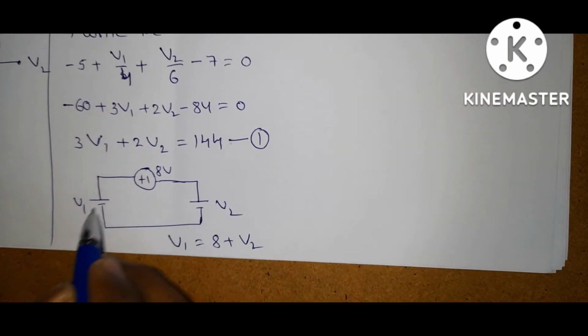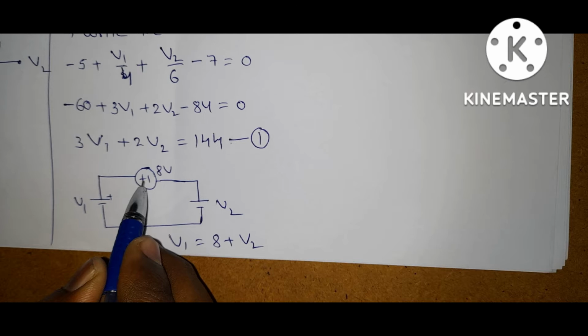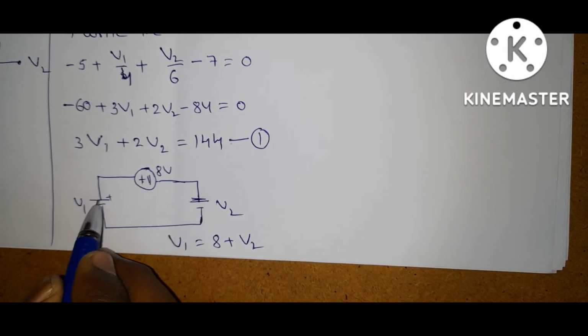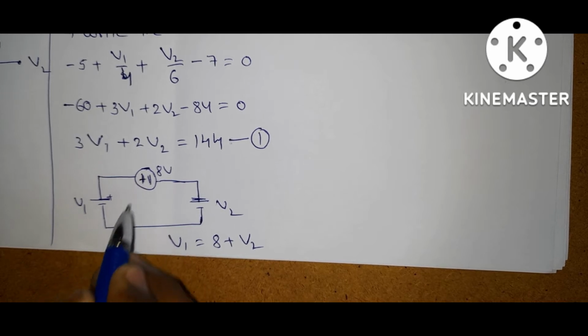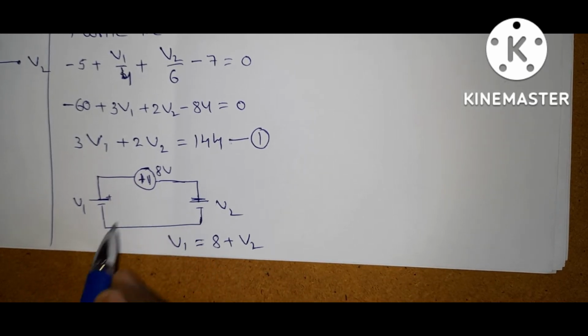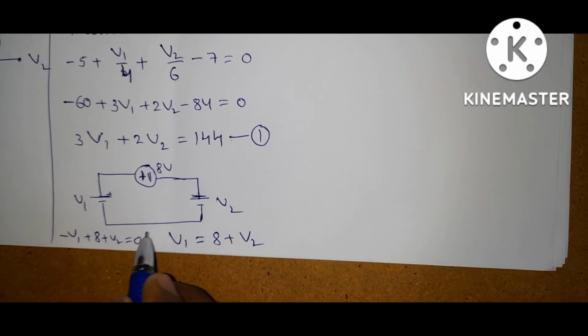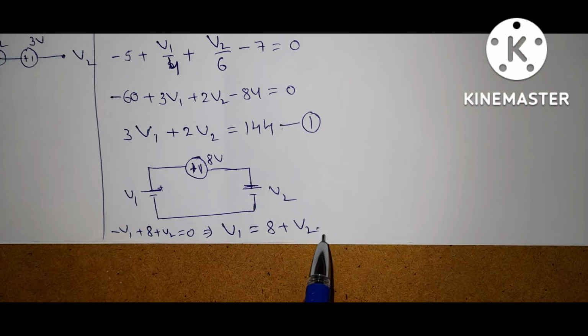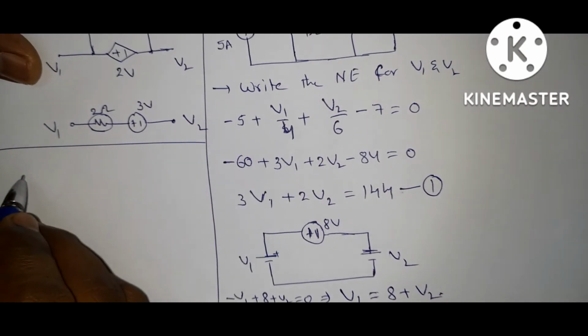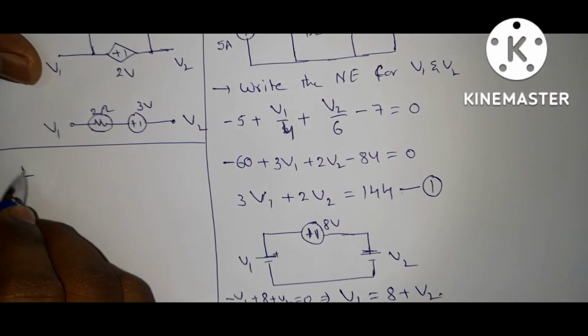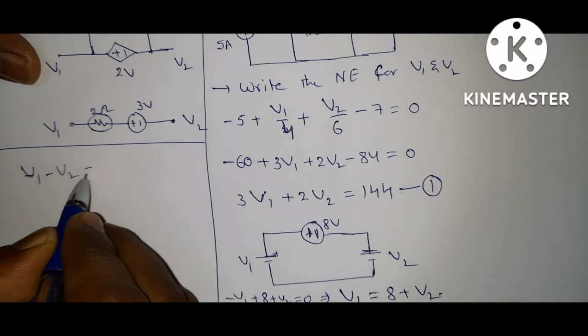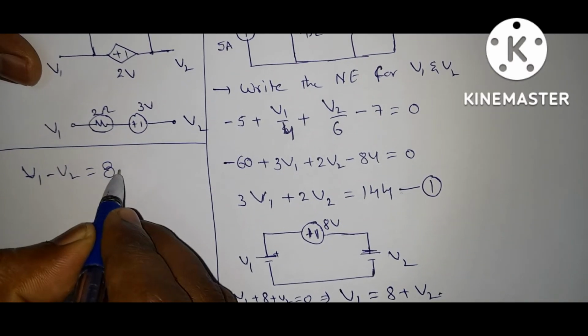This positive is connected to this positive. So V1 is equal to 8 plus V2, or you can write minus V1 plus 8 plus V2 is equal to 0. You get the same answer. From this you can write V1 minus V2 is equal to 8.